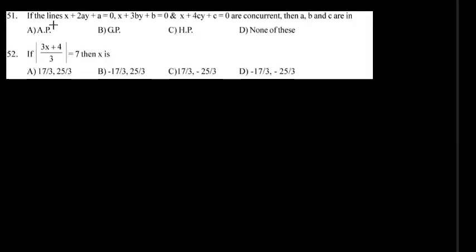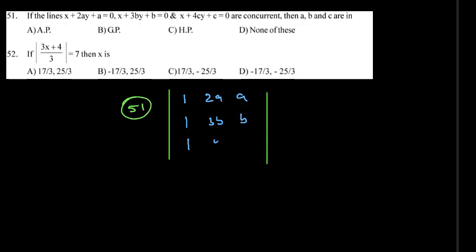So next question, students. If the lines x plus 2ay plus a equals 0, x plus 3by plus b equals 0, and x plus 4cy plus c equals 0 are concurrent, then a, b, c are in dash. So for the 51st question, what I can say: the determinant with rows 1, 2a, a; 1, 3b, b; 1, 4c, c should be 0.